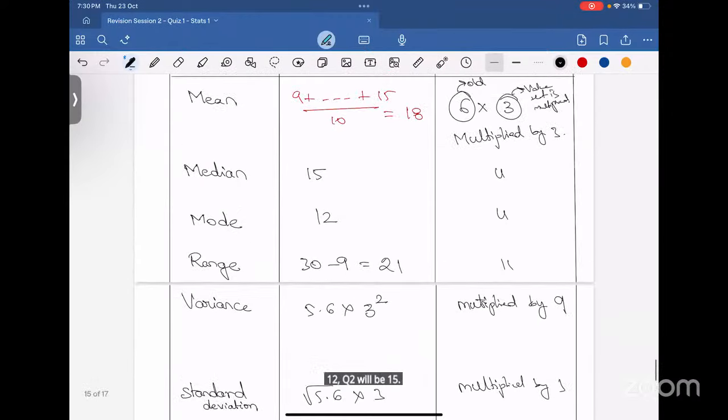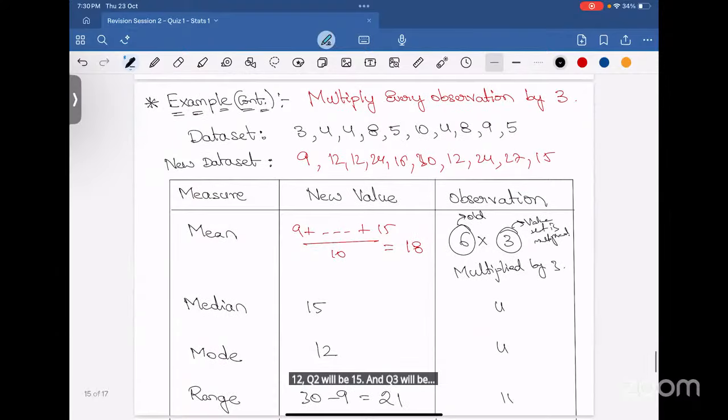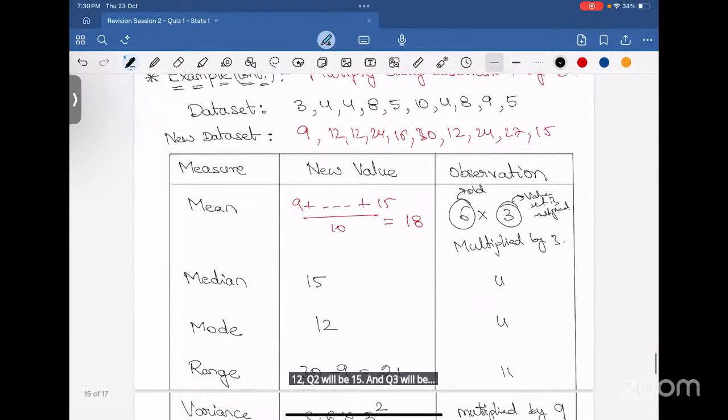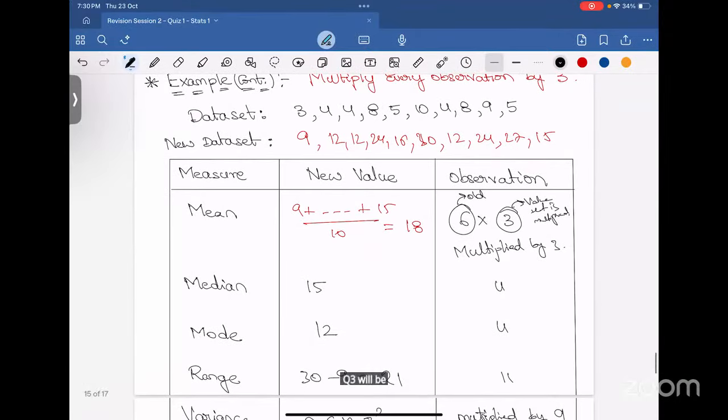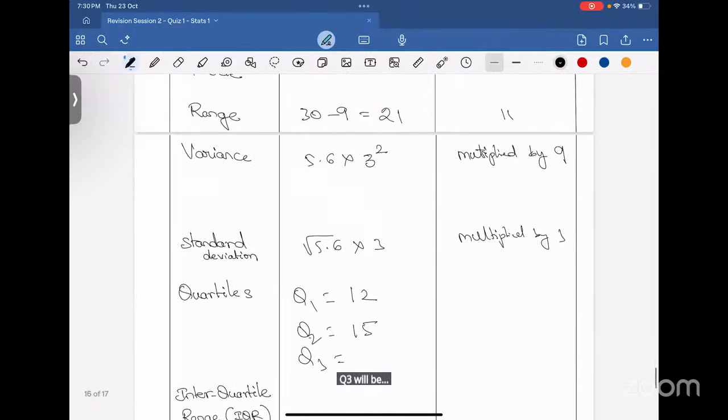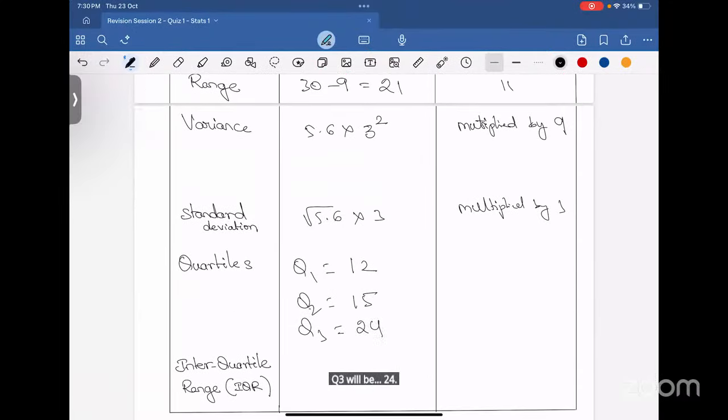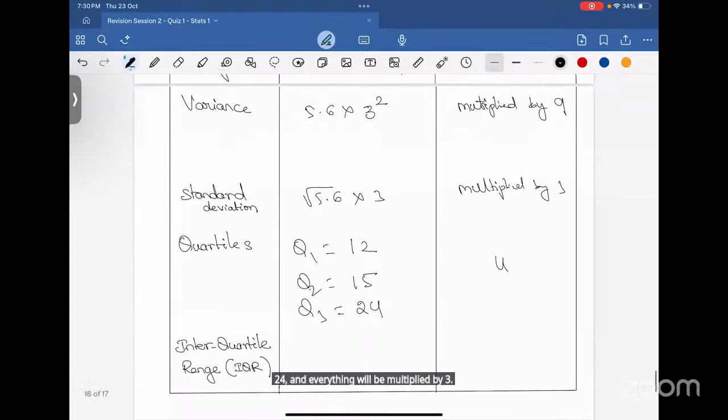And Q3 will be 24. And everything will be multiplied by 3. When we compute the interquartile range, Q3 minus Q1, which is 24 minus 12, that is 12. And this value is also multiplied by 3.